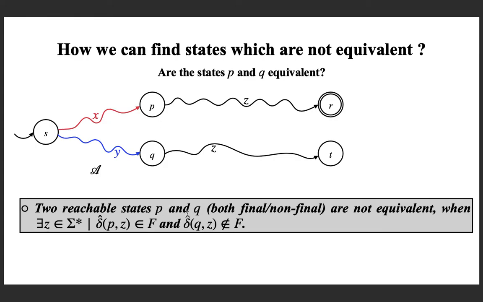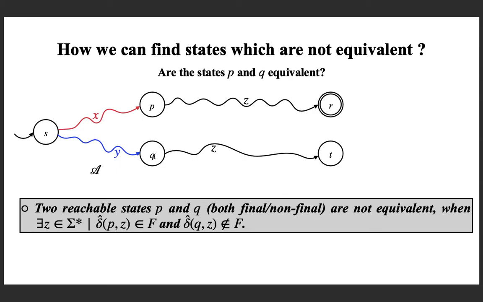So if P and Q are reachable non-final states or reachable final states, they are not equivalent when there exists an input string Z such that the path for Z from P goes to a final state, and the path for Z from Q goes to a non-final state. If that is the case, then P and Q cannot be equivalent.